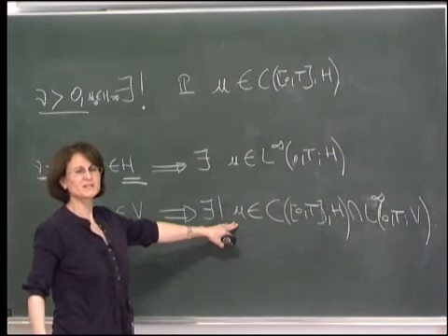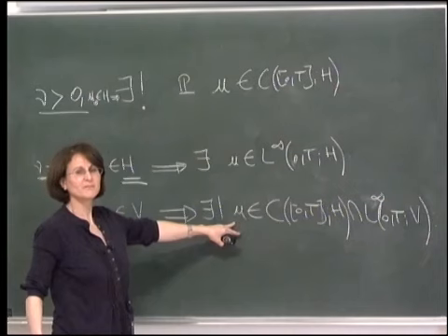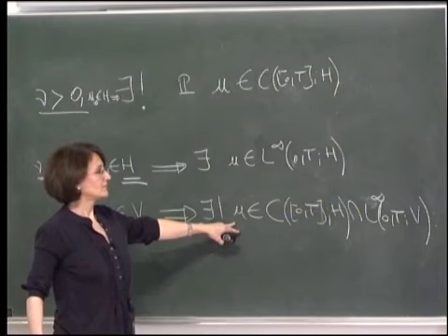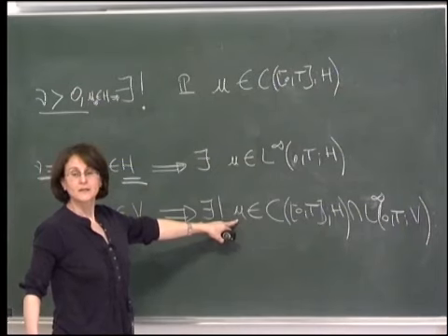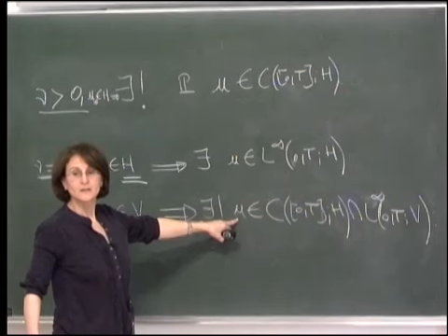L2, 0 to T with values in V prime? The derivative. You need to define the derivative. In which space is the derivative? It would imply that U prime belongs to L2, 0 to T, V prime.